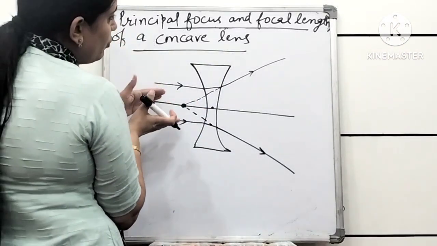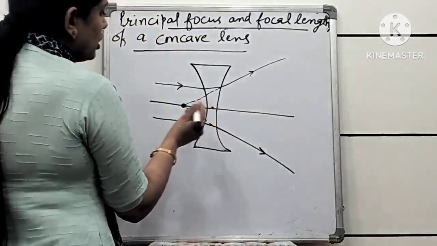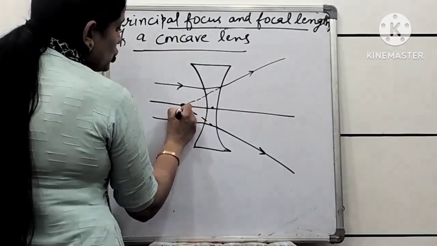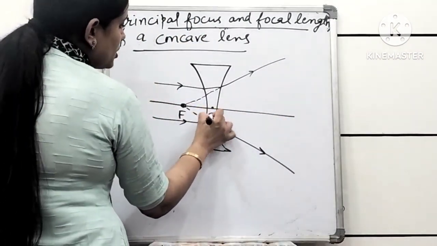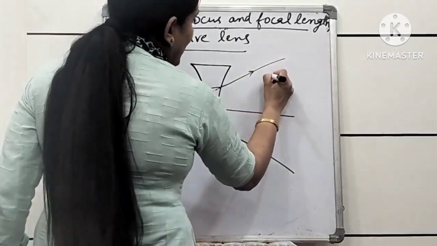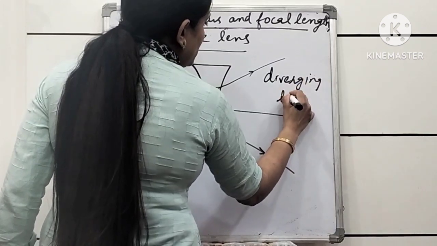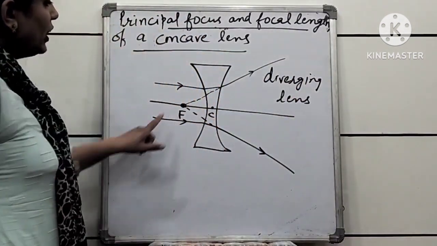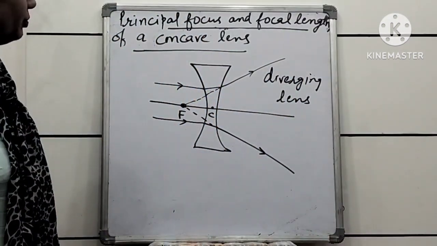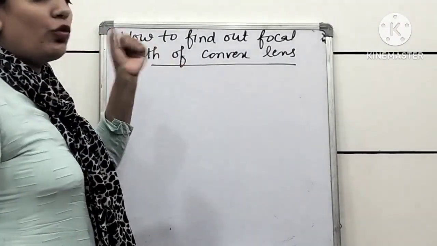So in a concave lens, the light rays appear to diverge. That point is known as the focus point, and the distance between the optical center and the focus point is known as the focal length. That type of lens is known as the diverging lens, and it has a virtual focus.